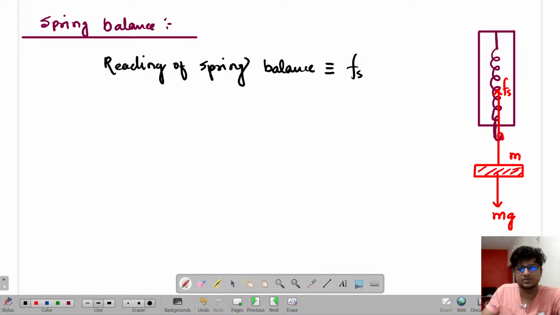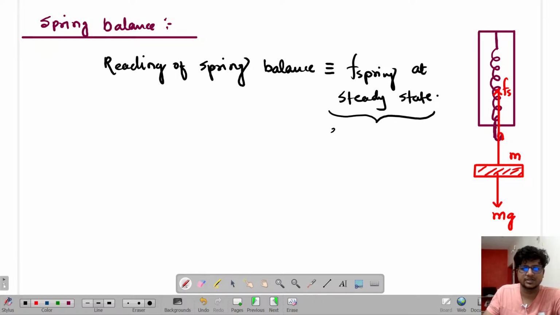It is my spring force. Spring force at what time? Spring force at equilibrium state, or you should write at steady state. Later on, I'll make you understand what this word steady state means. Okay, you can say that it is at equilibrium state.